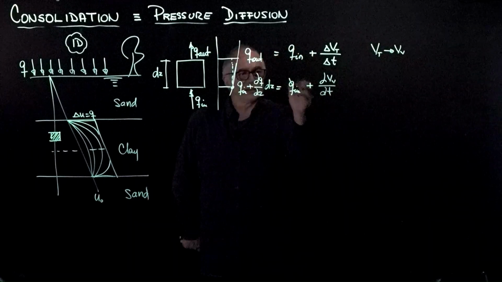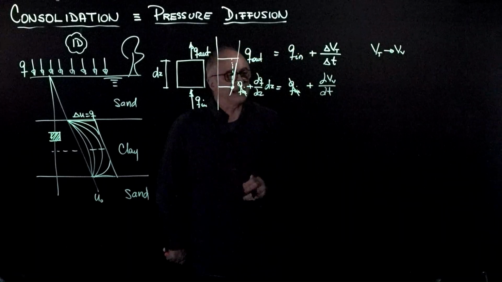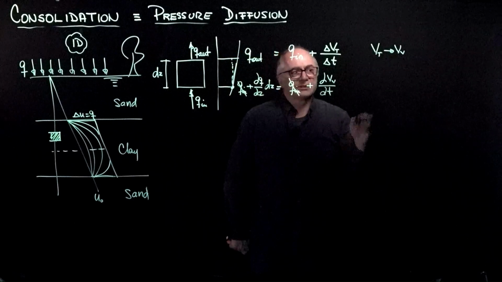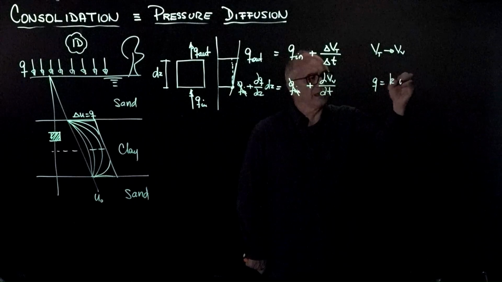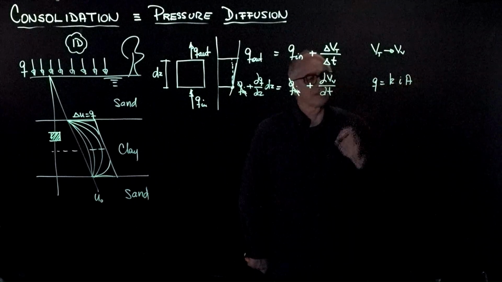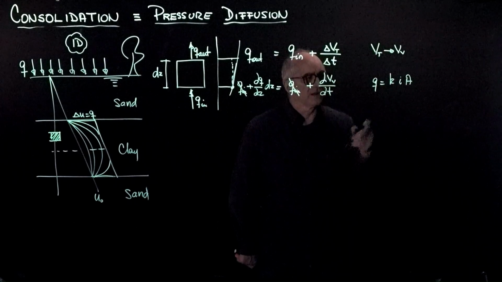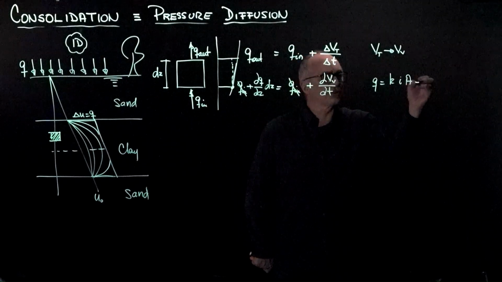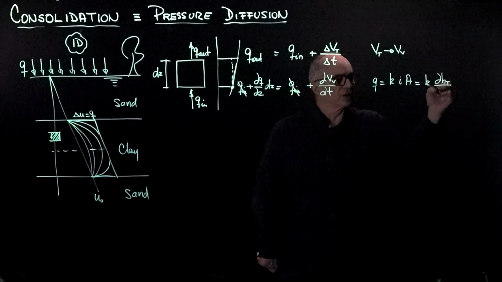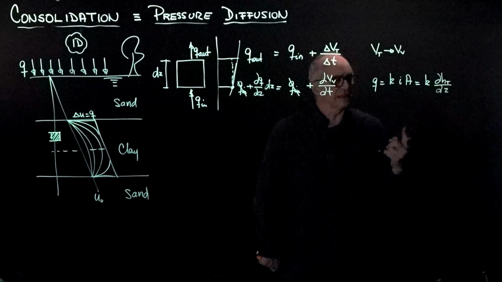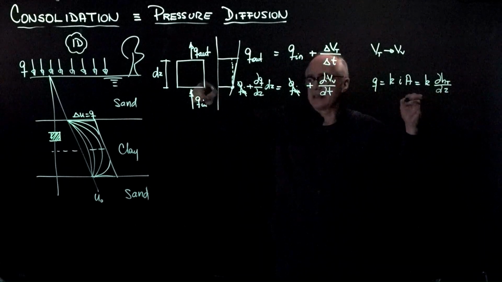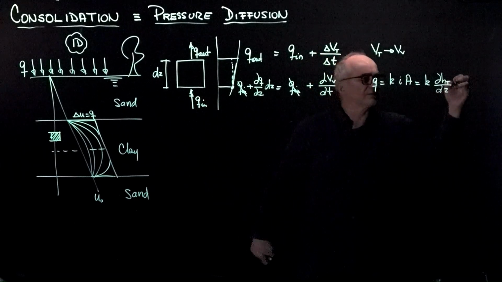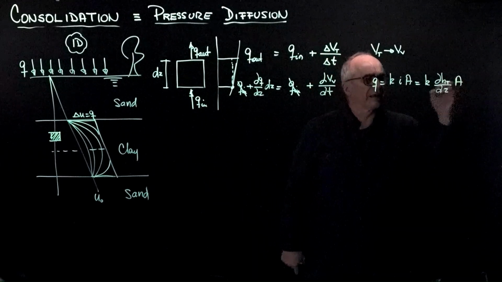Now the Q in and the Q out cancel out, and we remember that Q is equal to K I A from Darcy, where I is the change in total head with respect to Z, that is the direction of the gradient, times area, which is dx dy. So let's keep it as an area.